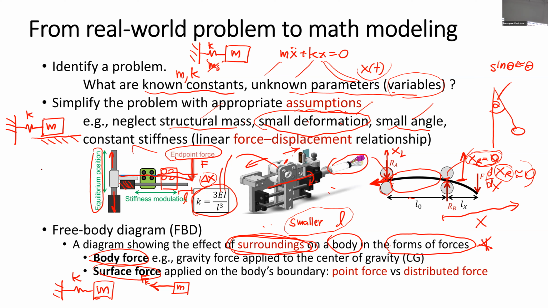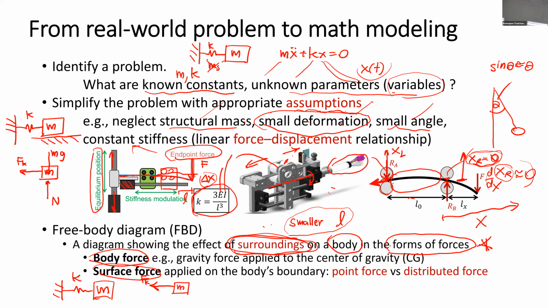When we draw the free body diagram of the mass, we don't have the spring anymore, but we have the force done by the spring. We don't have the floor anymore, but we have the normal force. And we have the mg, or the gravity.